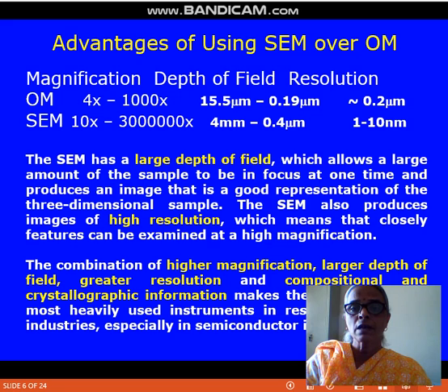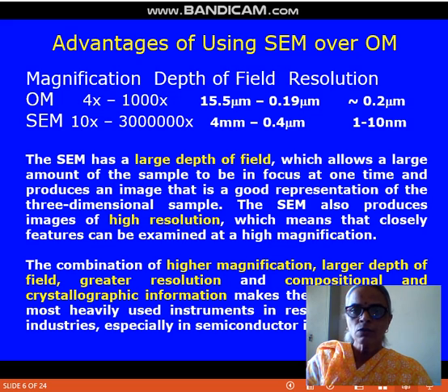SEM has a large depth of field, which allows a large amount of sample to be focused at one time and produces an image that is a good representation of a three-dimensional sample. The SEM also produces images of high resolution, which means that closely spaced features can be examined at a high magnification.